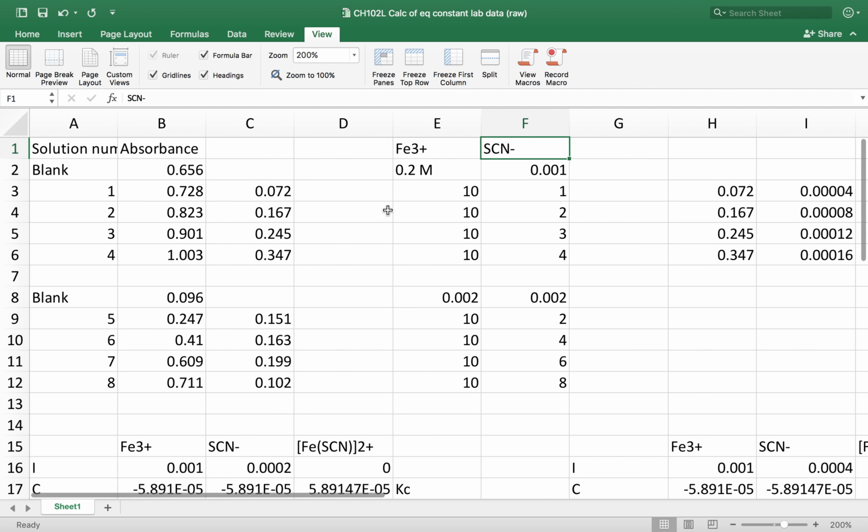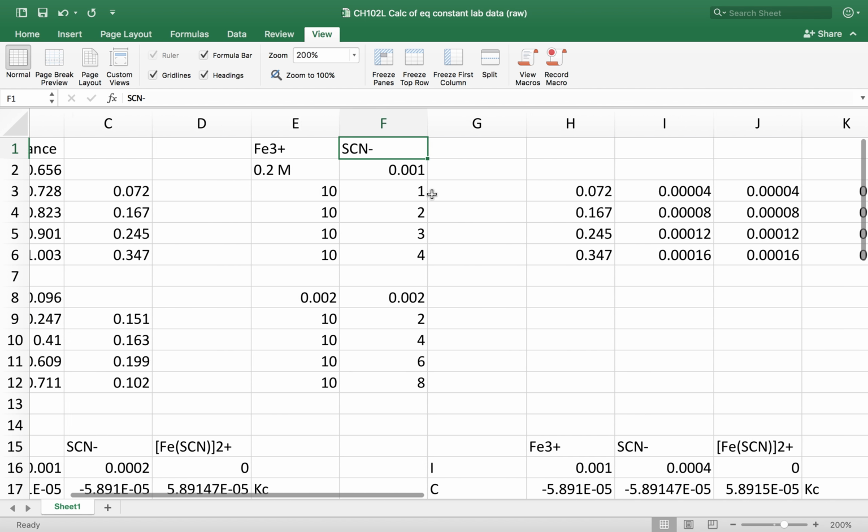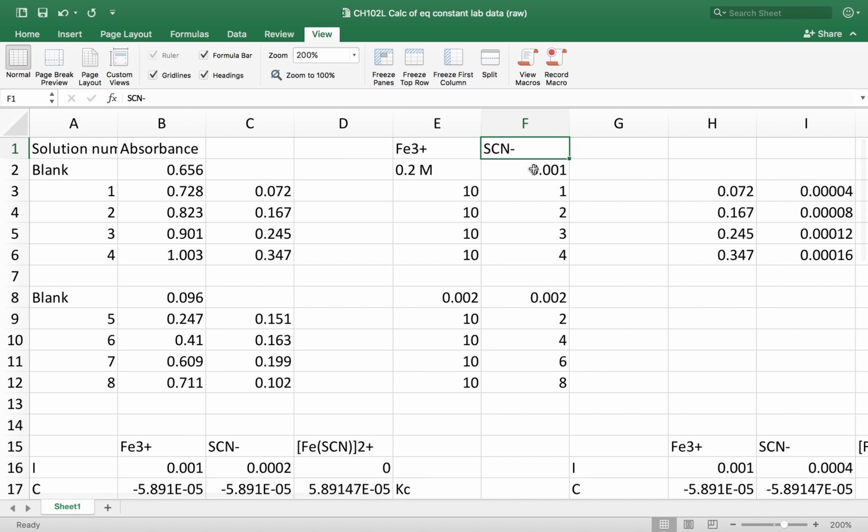So when we take the absorbance value in the UV-vis of this particular solution, we assume that the entire absorbance is from this iron thiocyanate ion. So what we're effectively doing is producing a solution of this complex ion, iron thiocyanate. And that's what we're measuring.